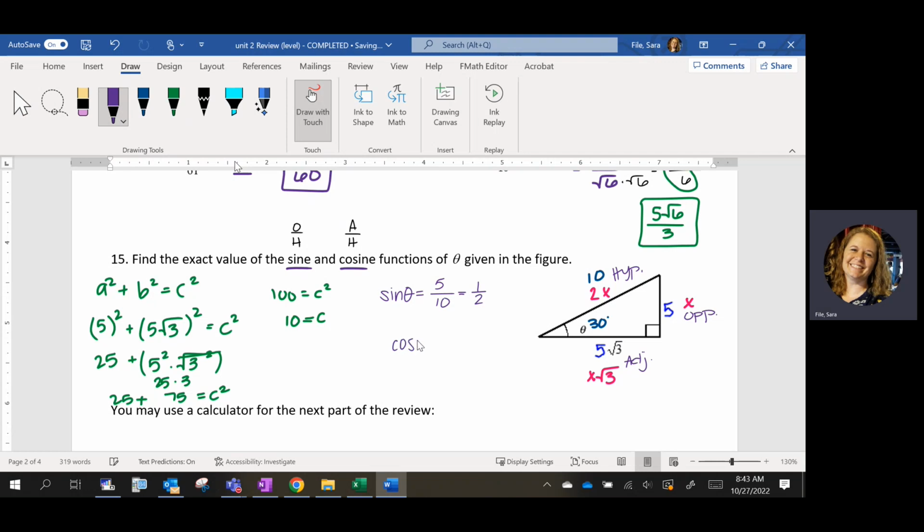And then they asked for cosine. That is A over H. So that is 5 root 3 over 10. And again, the 5 over 10 reduces. So that's just square root of 3 over 2. So sine and cosine were what they were asking for there.